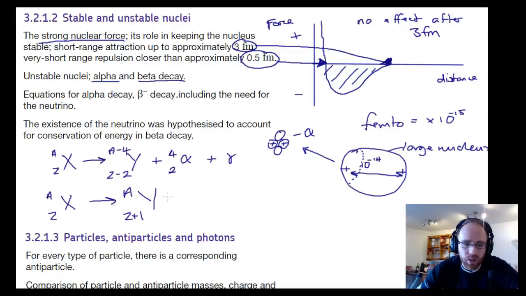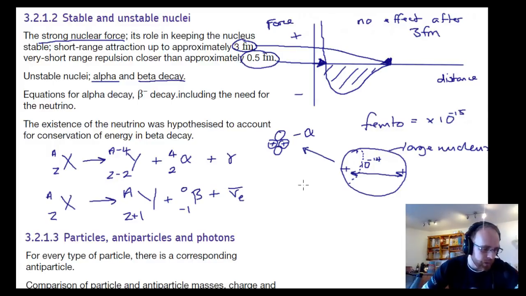So then we also get a beta particle, and a beta particle is a high energy electron. So it's got -1 charge and more or less 0 mass. We also have to have an anti-electron neutrino. We can talk about this a bit more later. And they have 0 mass, 0 charge.